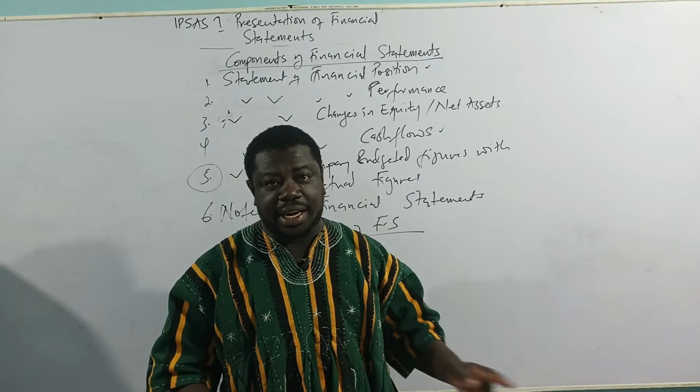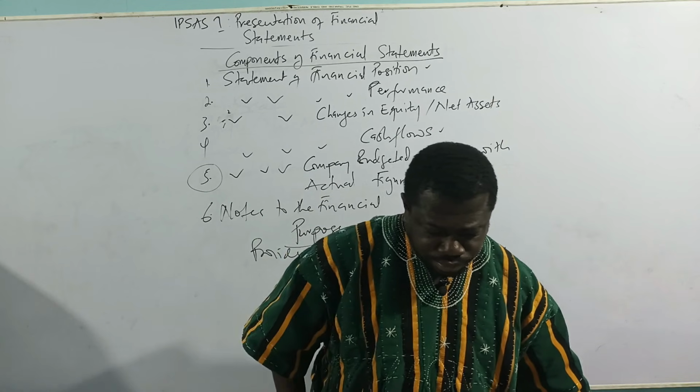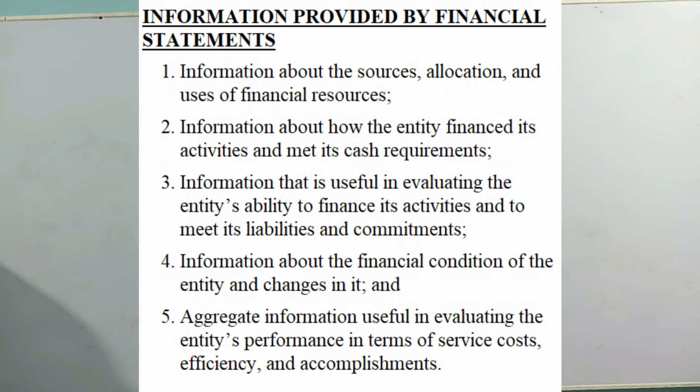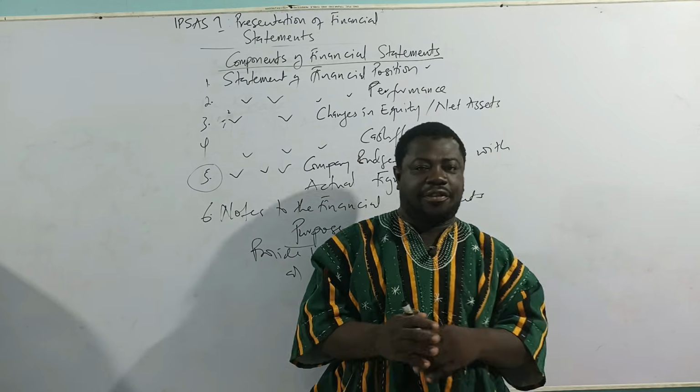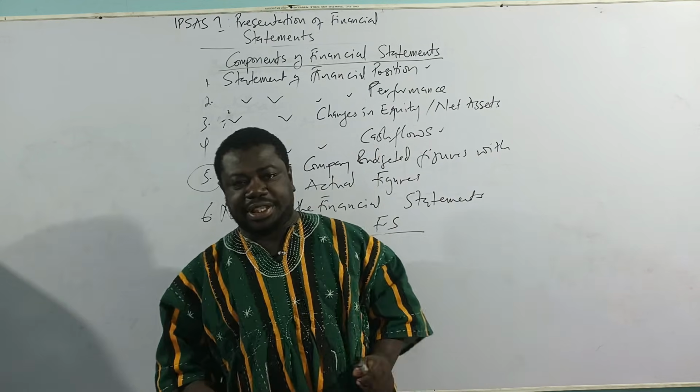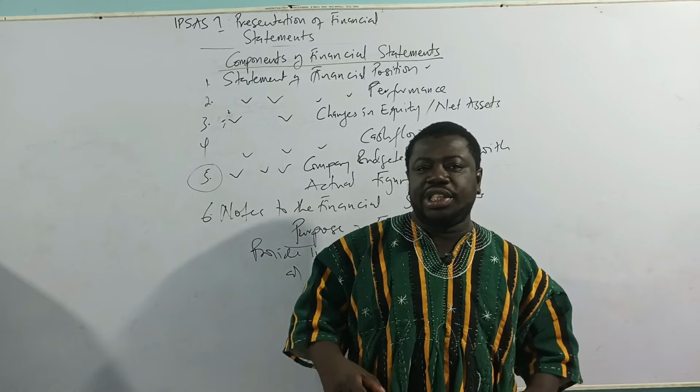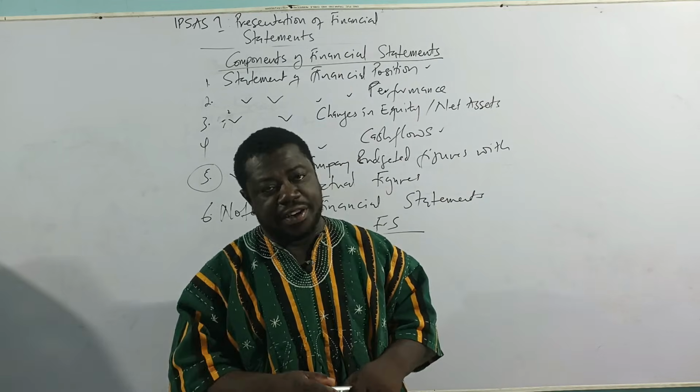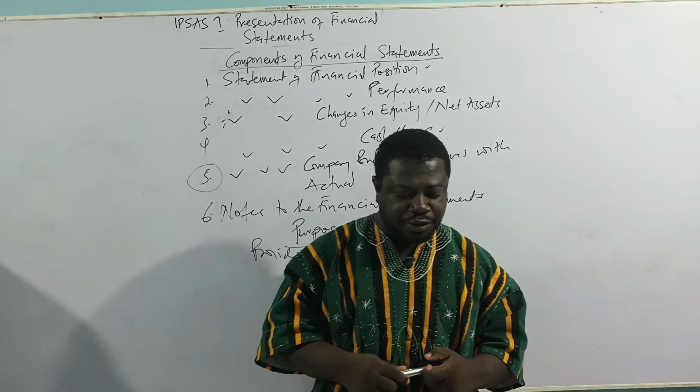Then also, financial statement should provide information about the financial condition of the entity and changes in it. The financial condition, what is your current state of affairs, which also relates to the financial position, should be provided to make it useful.